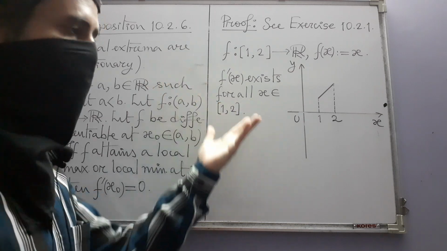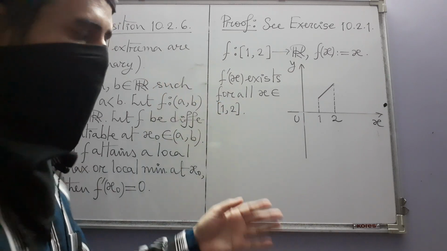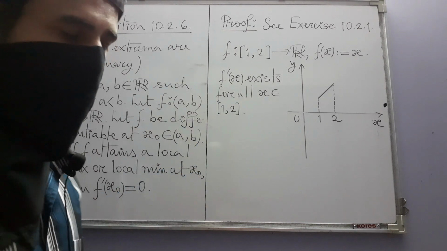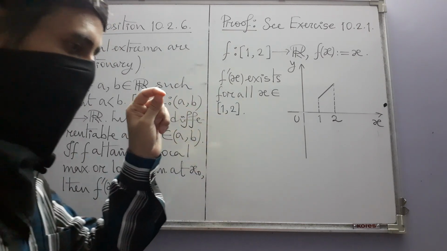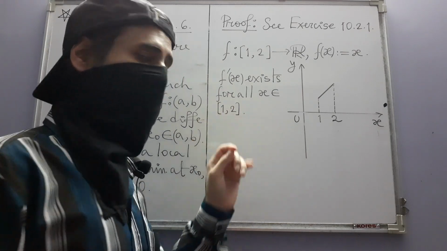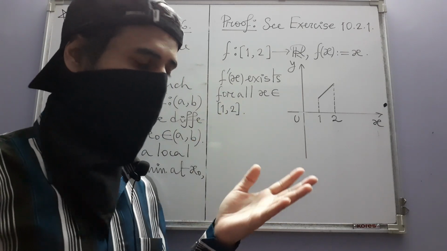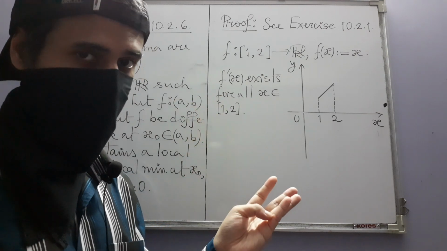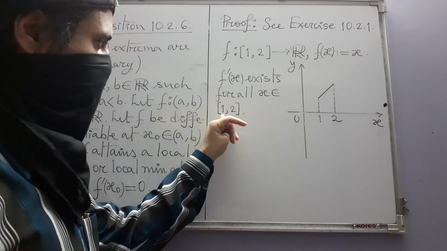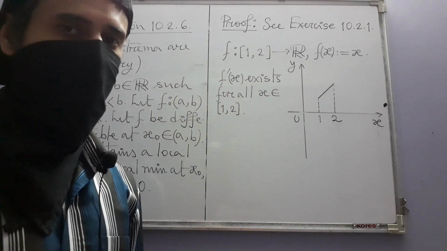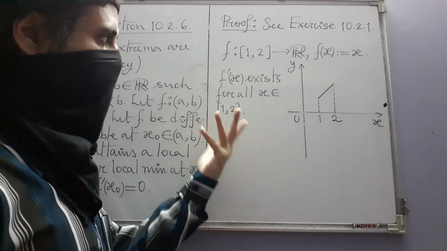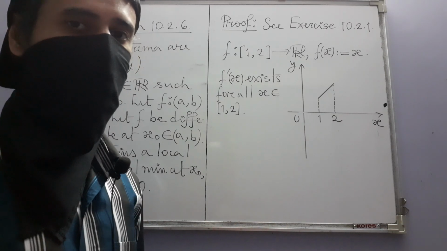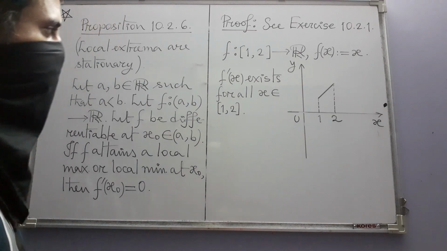Because of the way we have defined the derivative of a differentiable function, we can do it anywhere in the domain, provided that the point where we are defining differentiability is a point in the domain and is also a limit point of the domain, both of which are true for both of these endpoints. So we need not bother about whether the point at which we are talking about differentiability is or is not an endpoint. It may be an endpoint.